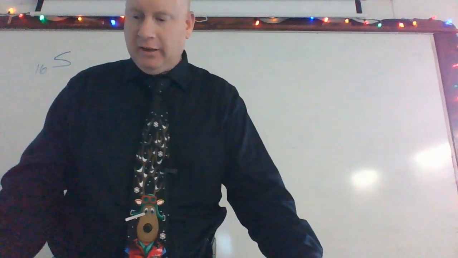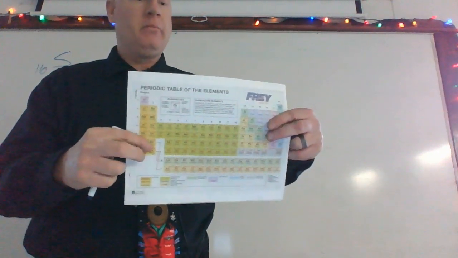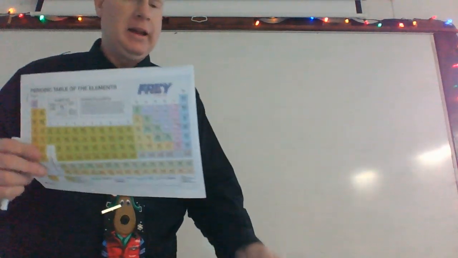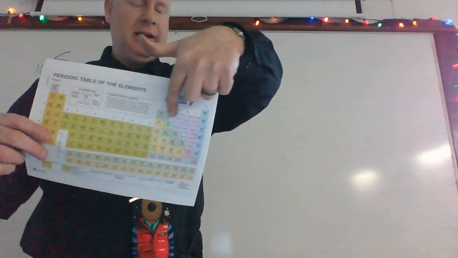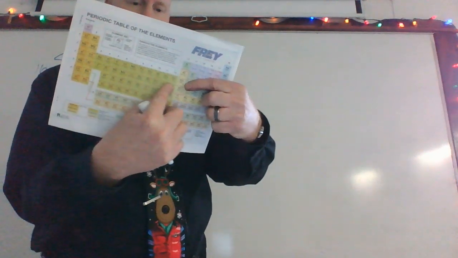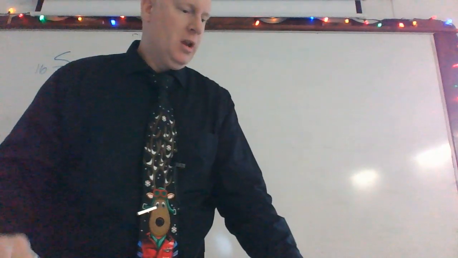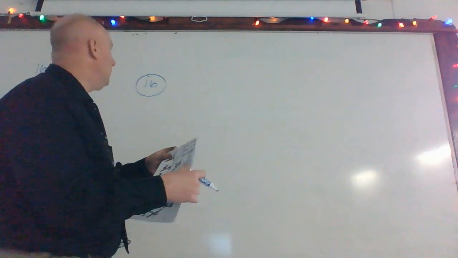As we look at the S block, notice there are 2 columns, where groups 1 and 2 are, which we refer to as the S block. The P block has 6 columns. The D block is right here, which holds 10 electrons, and the F block is down here on the bottom. So that's where these numbers are coming from: 2, 6, 10, and 14.